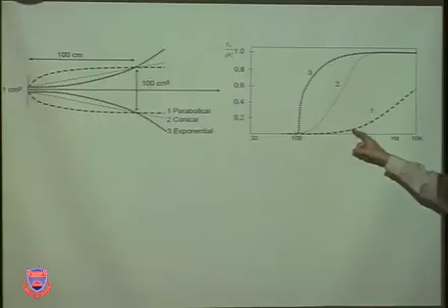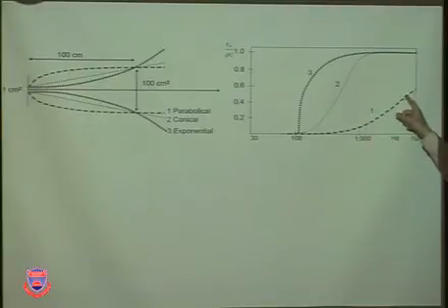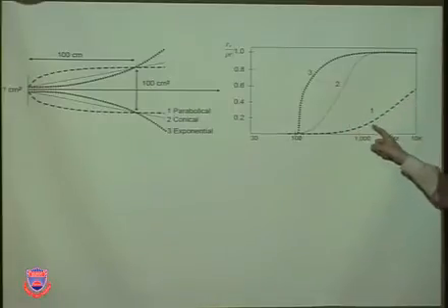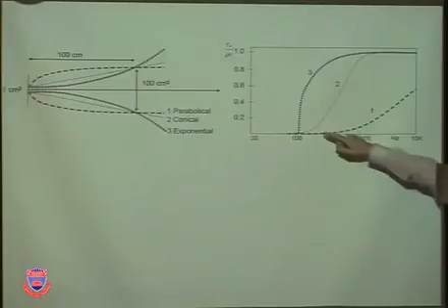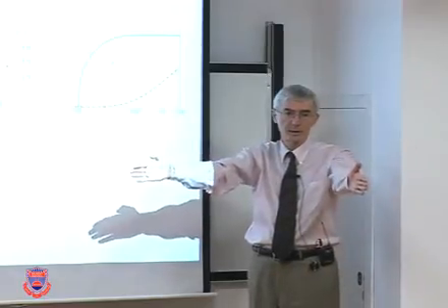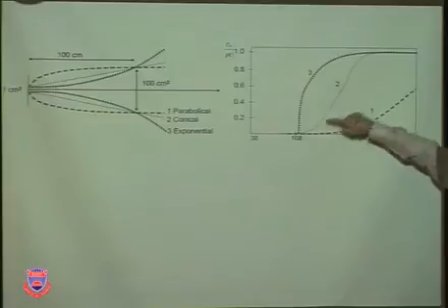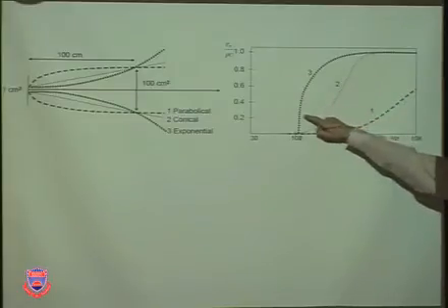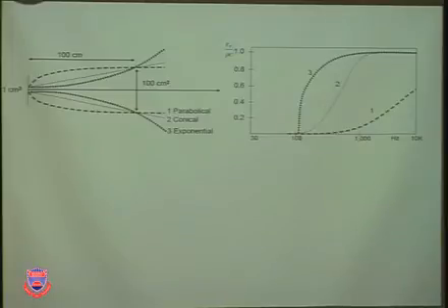Its radiation ability is really very limited. It's not very clean. At some frequencies it radiates better than at other frequencies and so on. Whereas the flat conical one is also not bad, but it's not as good as the exponential horn.